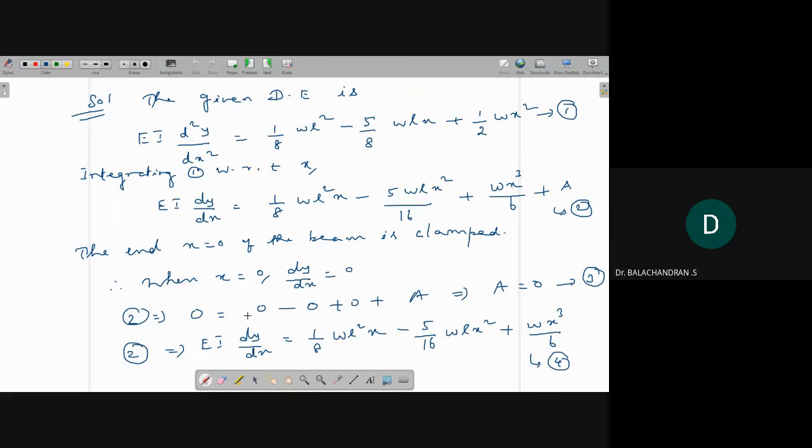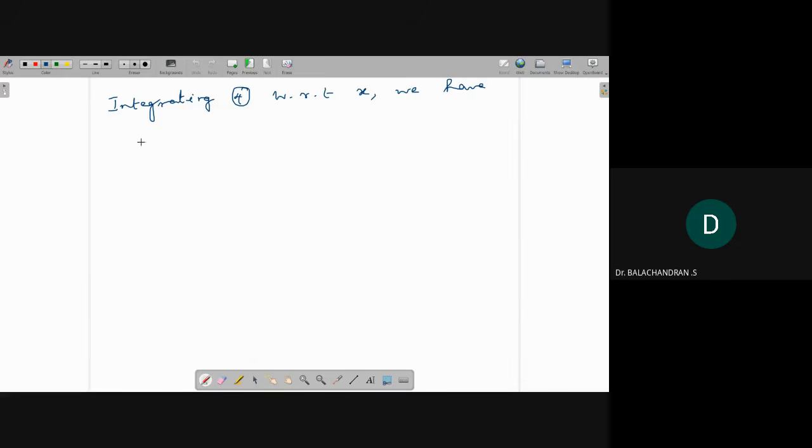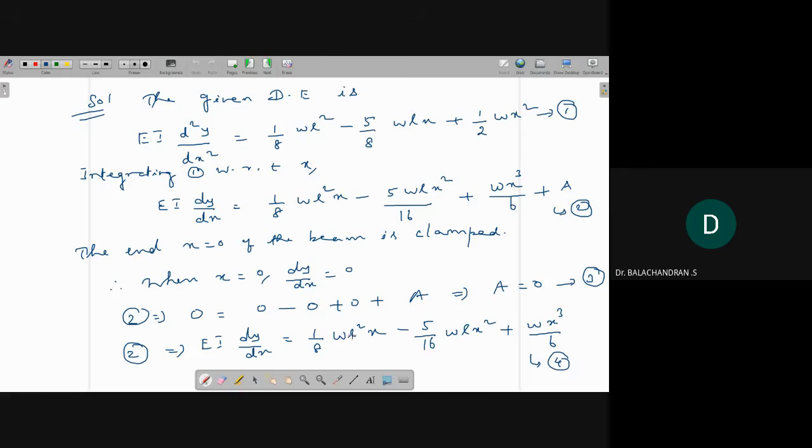Okay, so now if we integrate with respect to x, EI into y equal to, right hand side is what?